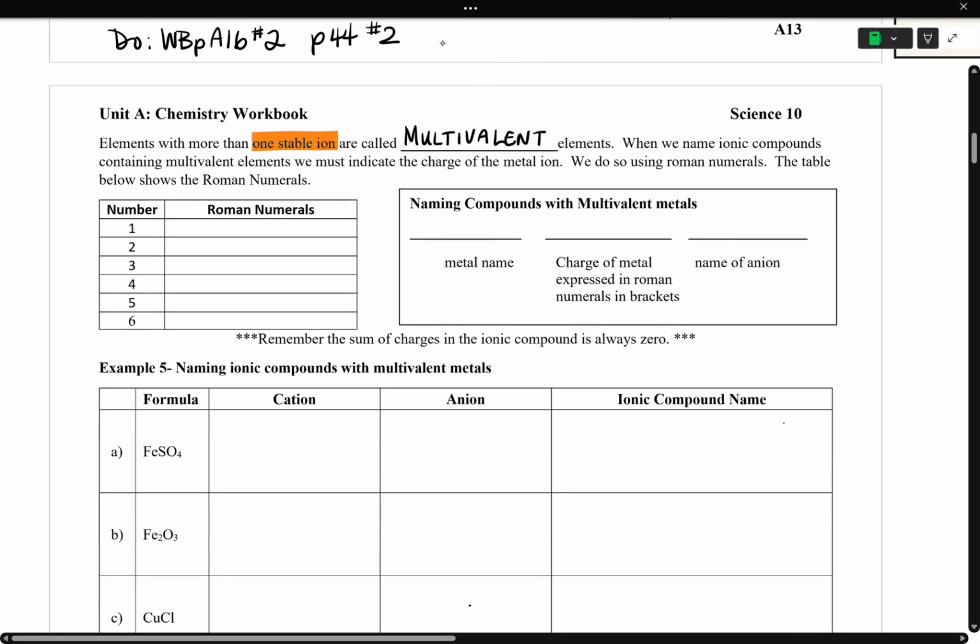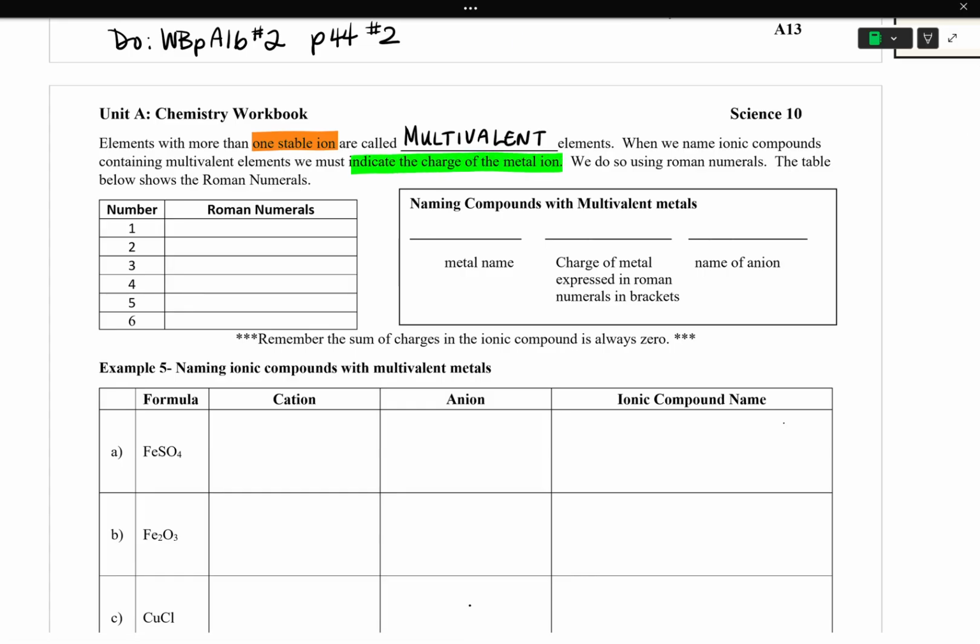So when we do this, we have to indicate the charge of the metal ion, and we're going to do it using Roman numerals. So 1 is I, 2 is II, 3 is III, 4 is IV, 5 is V, and 6 is VI.